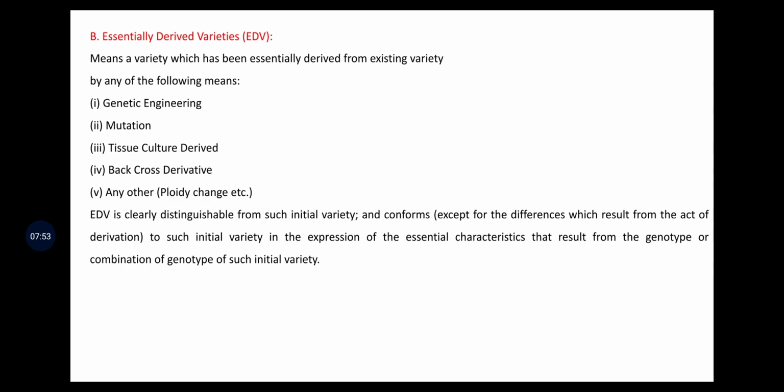The variety derived from such techniques is nothing but an essentially derived variety. It is clearly distinguishable from such initial variety and conforms to such initial variety in the expression of the essential characters that result from the genotype or combination of genotypes of such initial variety.